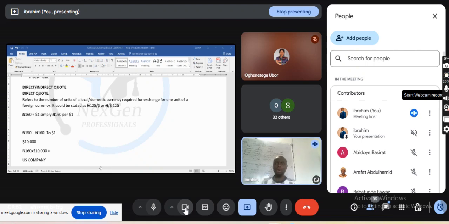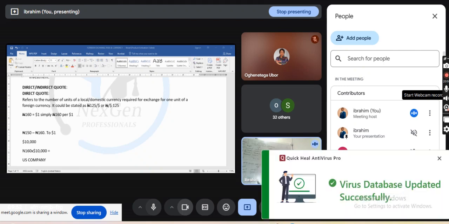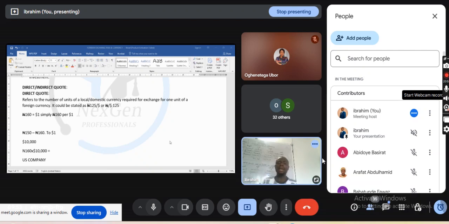Now, if it is a Nigerian company and the spot rate given is 160 naira to $1, this is purely a direct quote. Why? Because the company that is selling or buying is a Nigerian company.